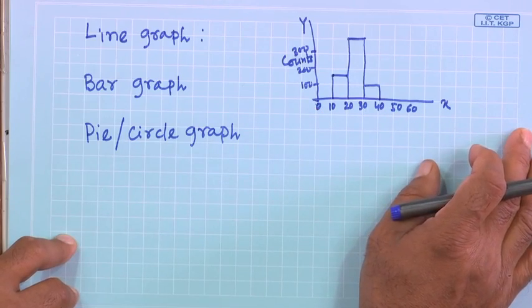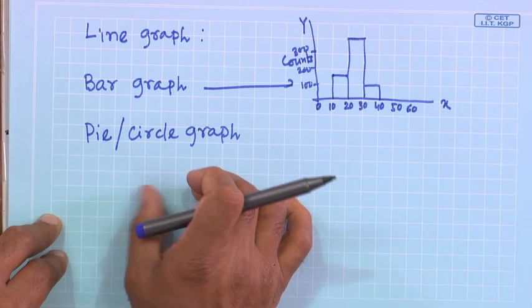The x axis you will label as year, and the y axis you will represent with your income in rupees per year. Then you can plot it and see the variation of income in different years. So, this is basically the bar graph.